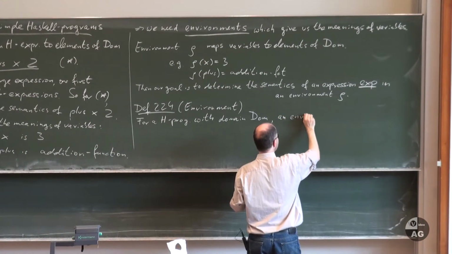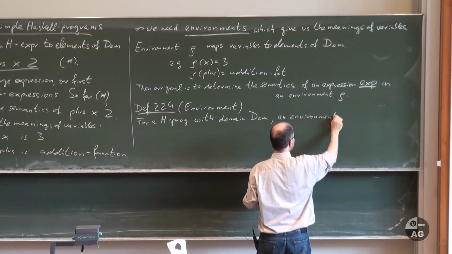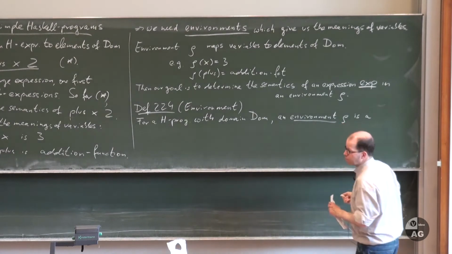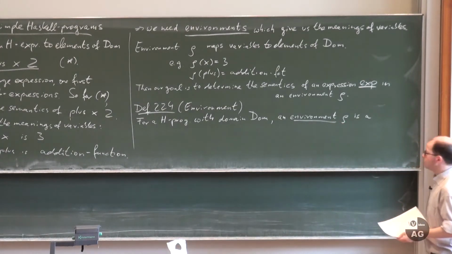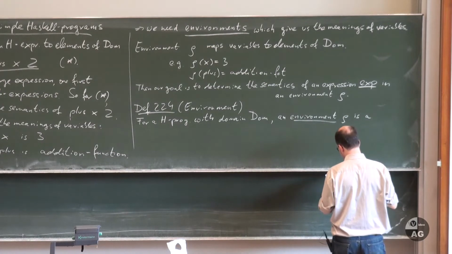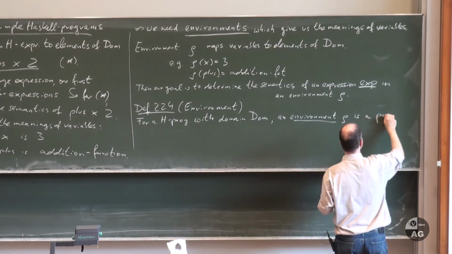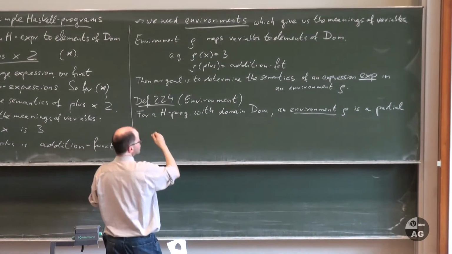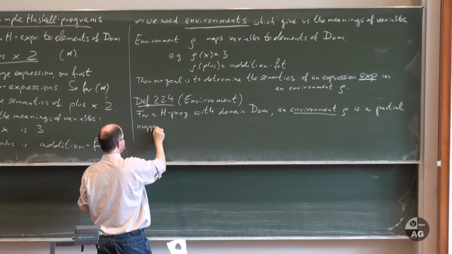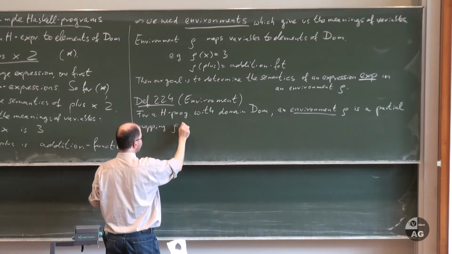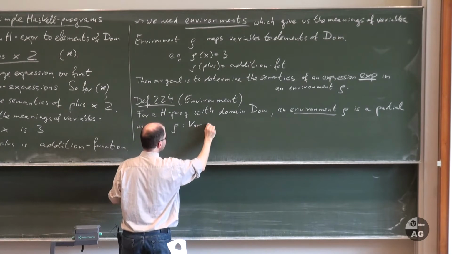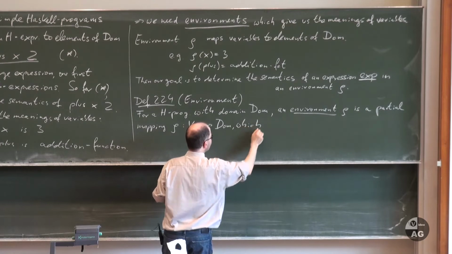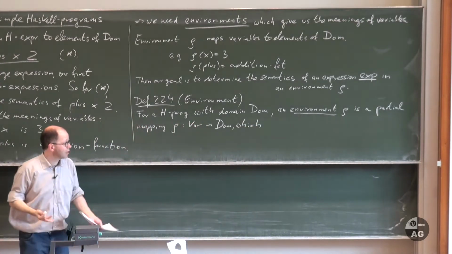So an environment rho is a partial mapping, so it's not defined on every variable, but it will only be defined on finitely many variables. It's a function from the variables to DOM, which is only defined for finitely many variables. So for most variables, it's undefined.